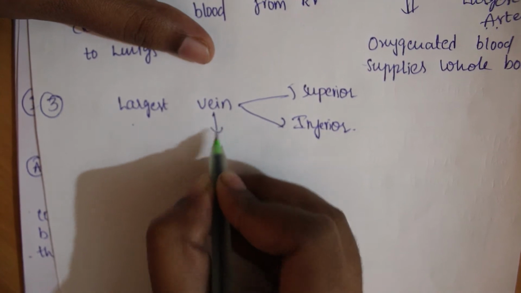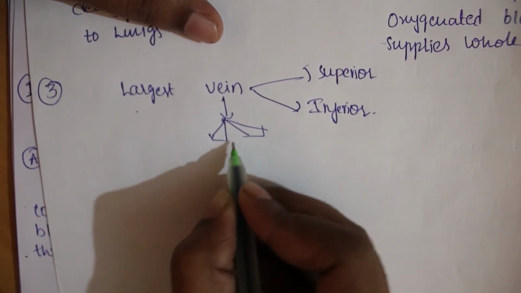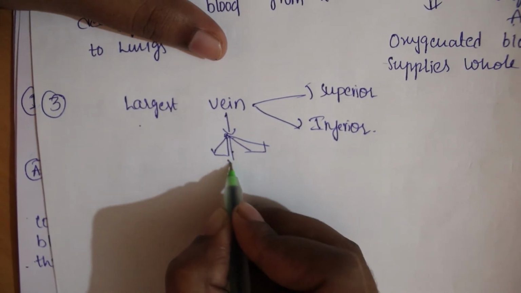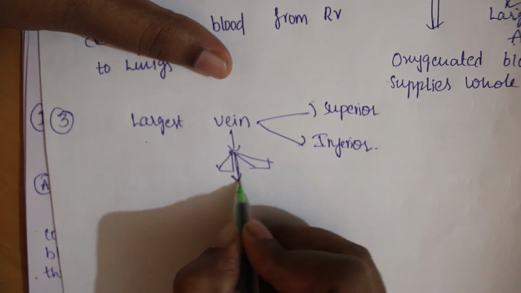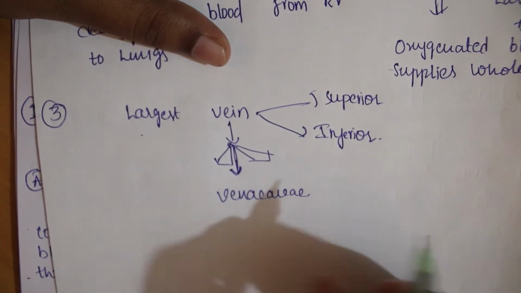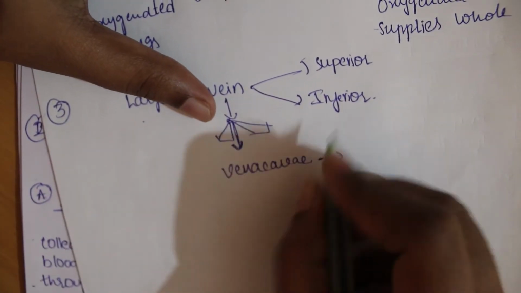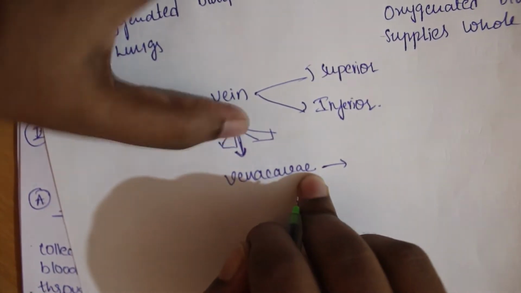Actually veins are divided into several branches, and finally they come into a single one, that is the vena cava. It is the largest vein, divided into superior and inferior.